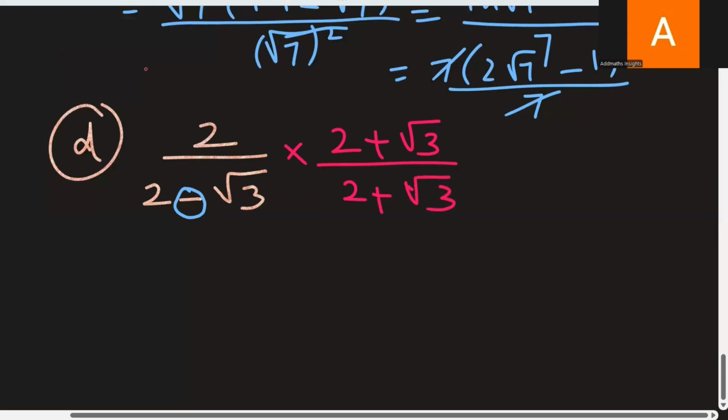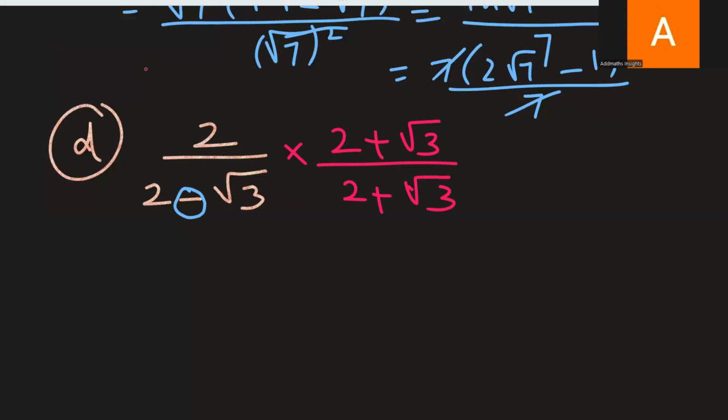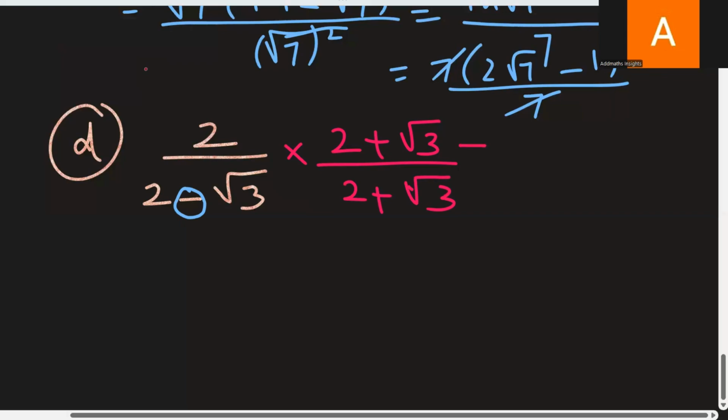In this step, you are basically taking the conjugate of 2 minus root 3. The term I must write here is the conjugate of 2 minus root 3. Right?